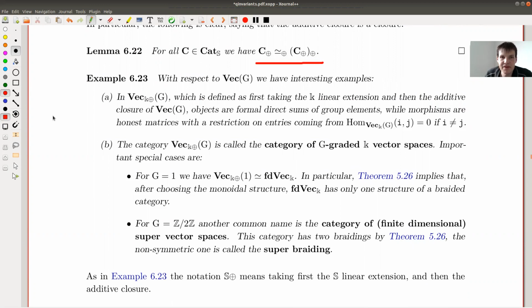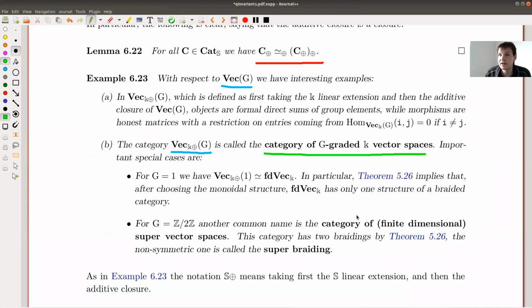Anyway, let me go through some examples, and it's with respect to my graded vector spaces. If you take the linear inter-additive closure, you really get the category of G graded vector spaces.